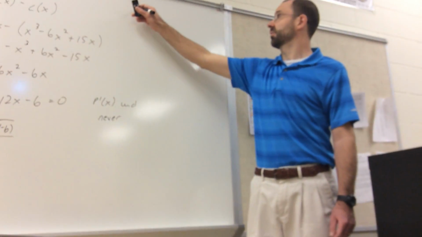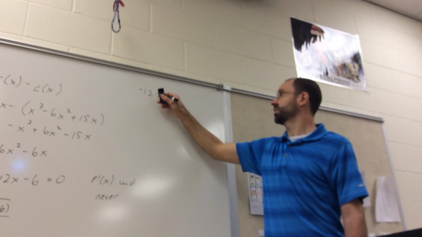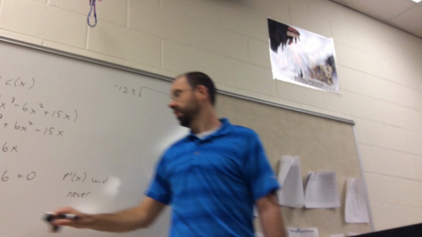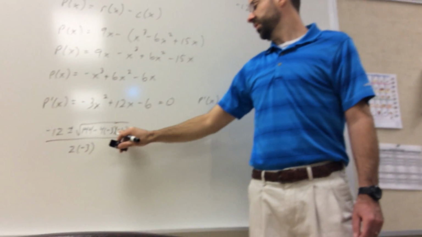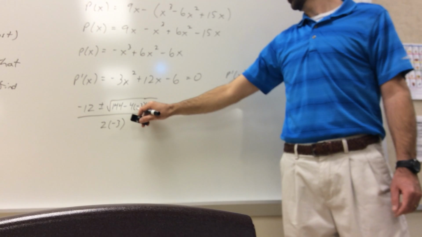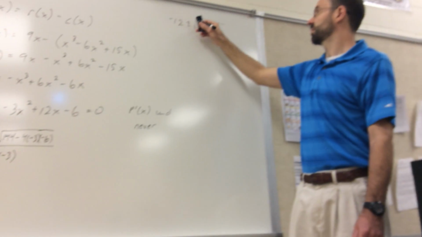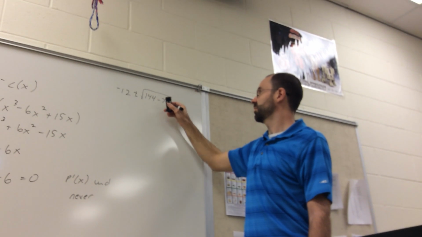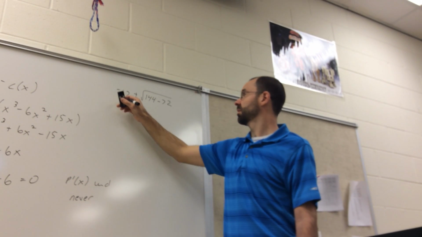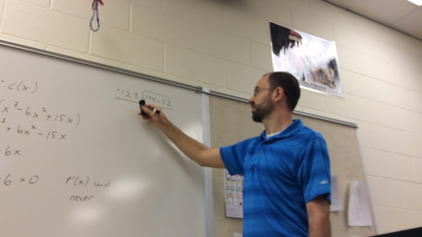So let's see, that's negative 12 plus or minus the square root. 4 times 6 is 24, times 3 is 72. This is 144 minus 72, all over negative 6.